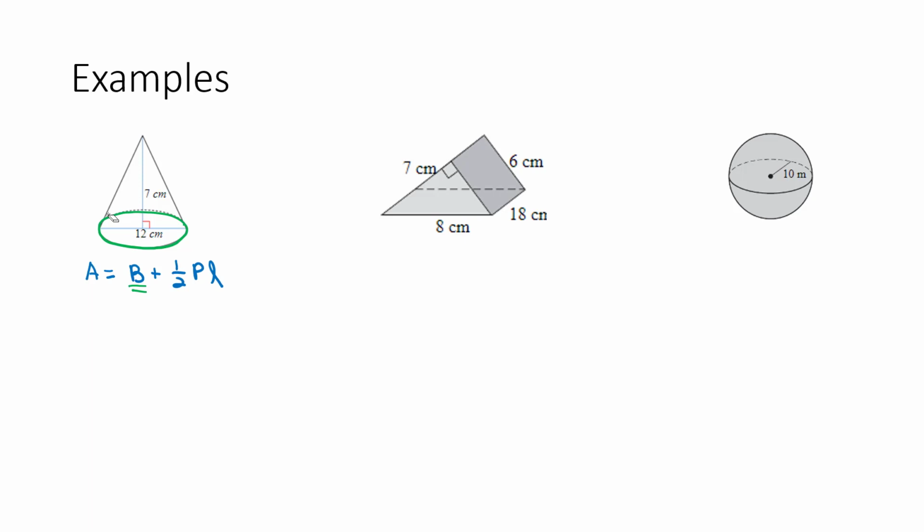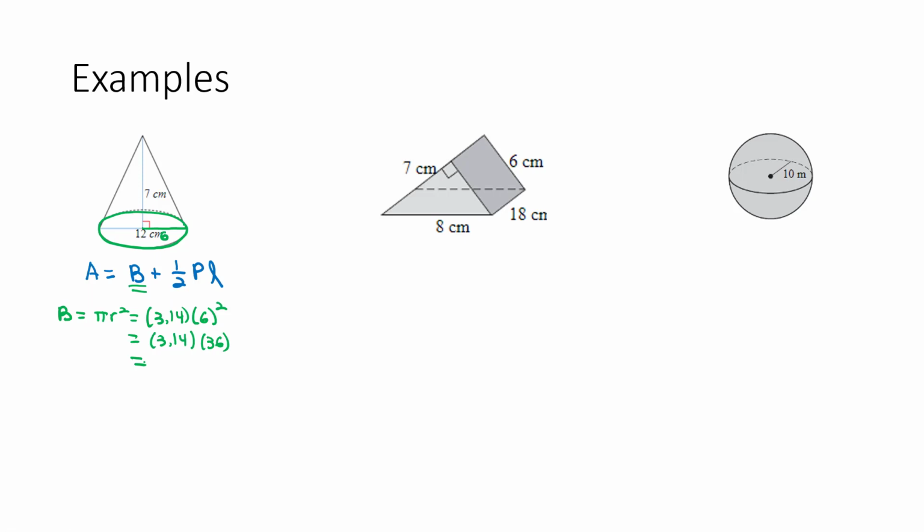In fact, I'm going to put the radius over to the side here because we're going to need the radius being 6 over this direction in just a minute. So, the base is a circle, pi r squared. Pi is 3.14. R, the radius, is 6 squared. 6 squared is 36.